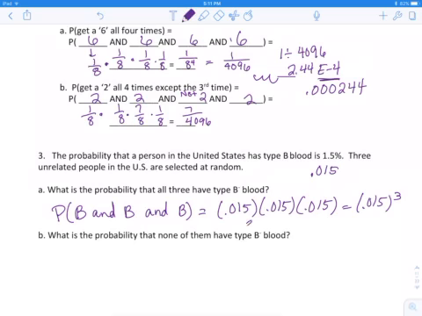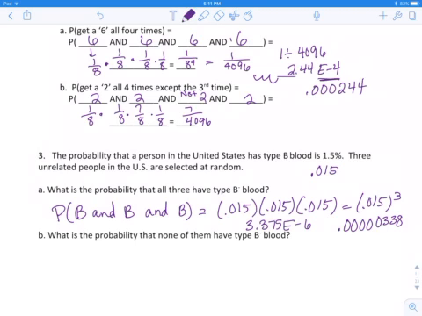When you put this in your calculator, it may say 3.375 e to the negative 6, which means we'd move the decimal 6 places to the left. So we'd get 0.00000, and if we round to 3 significant digits, we'd have 338.